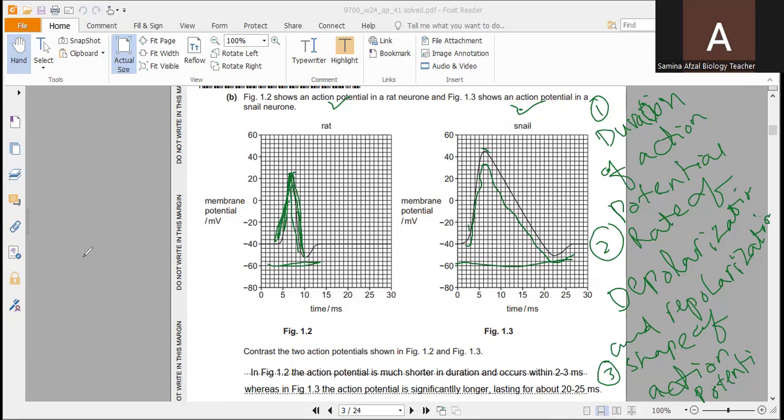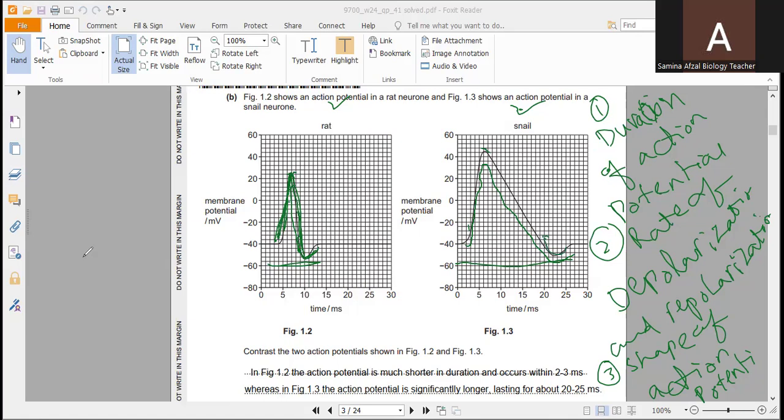So next, we can say the hyperpolarization. In the hyperpolarization phase, you can see that after repolarization, the membrane potential briefly dips below the resting potential.